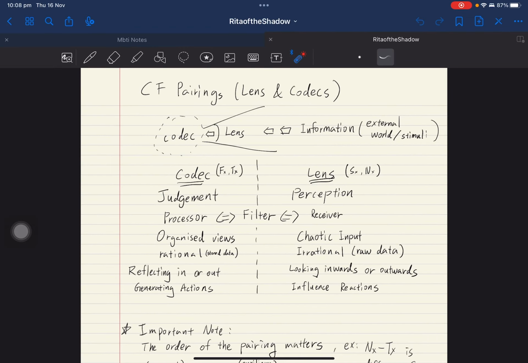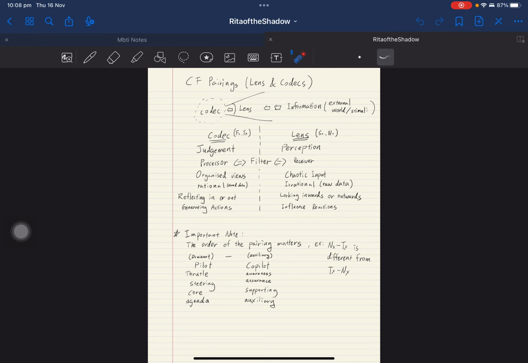So this is from one of my older notes, so I won't explain too much about this, but just to show you, there's the length and the codex. So this by itself is also kind of like a yin and yang kind of thing, right?